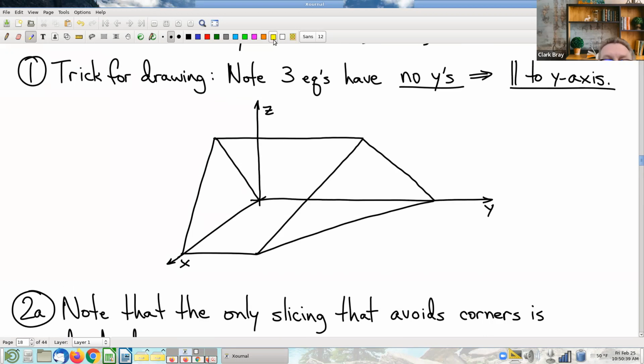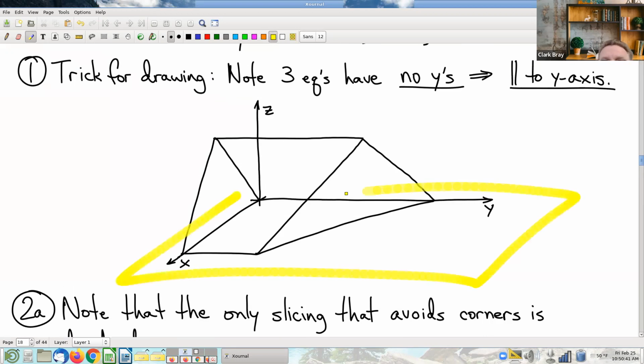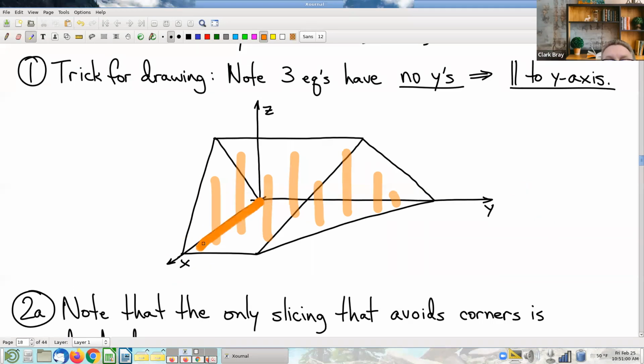It would be a bad idea to try to project to the XY plane, because as you project to the XY plane, your projection looks kind of like this. Notice that your bottom points are all on that plane, fine.